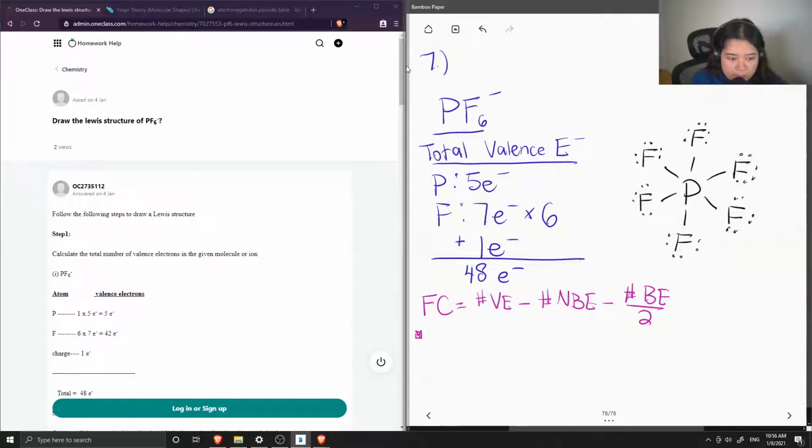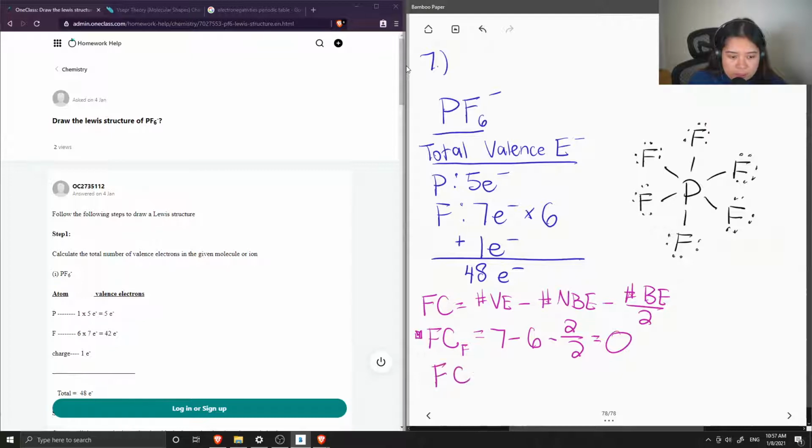So in the case of the fluorine, let's calculate fluorine's formal charge. All of them are the same, and they all have 7 valence electrons. The number of non-bonding electrons, which are the lone pairs, is 6. And then each of them has a single bond, so there are 2 electrons in each bond. So 2 bonding electrons divided by 2. So 7 minus 6 minus 1 is just 0.